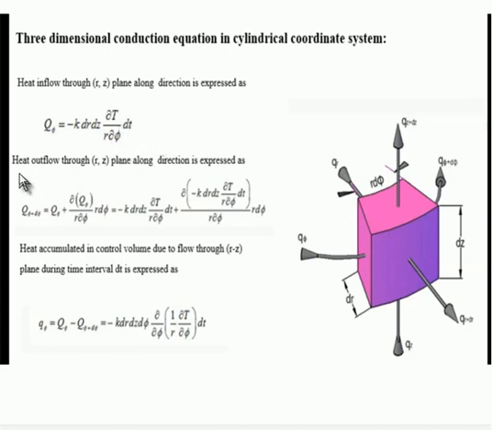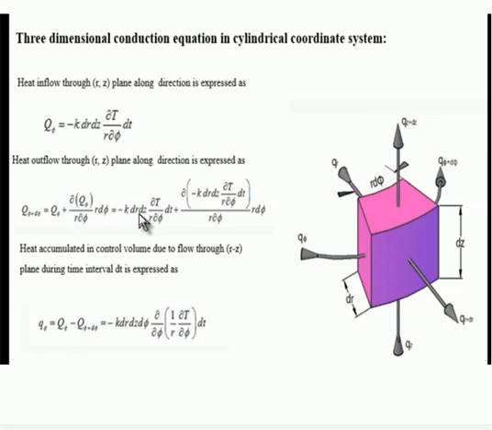Similarly, heat outflow through the rz plane along the direction is expressed as follows. Whatever heat is inflow through this plane exits through this plane. So this is Q phi plus d phi. Again we can use the Taylor expansion and, neglecting the higher terms, we get Q phi plus dou Q phi by r dou phi into r d phi.